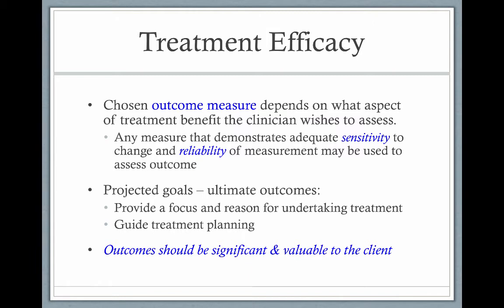The chosen outcome measure depends on what aspects of treatment benefit the clinician wishes to assess. Any measure that demonstrates adequate sensitivity to change and reliability of measurement can be used to assess outcomes.